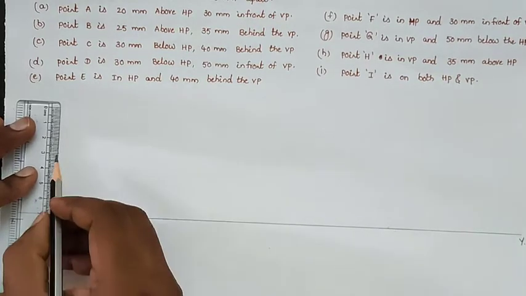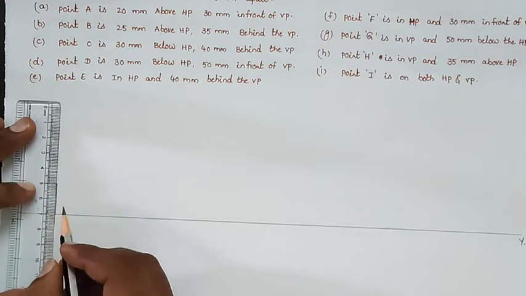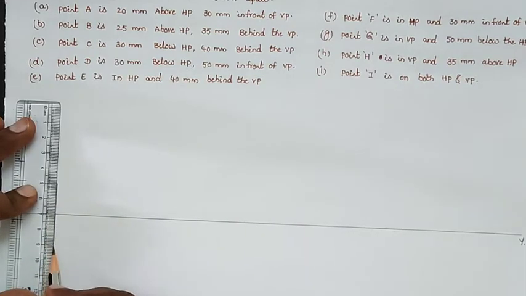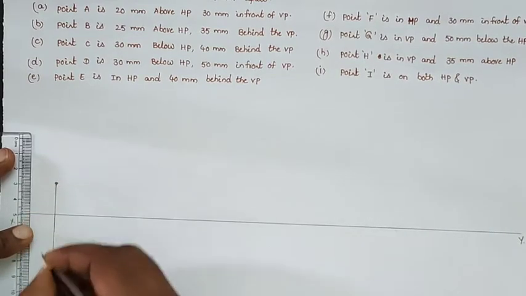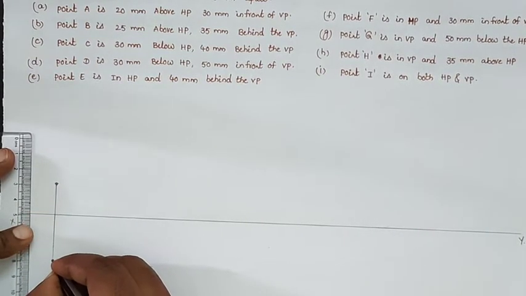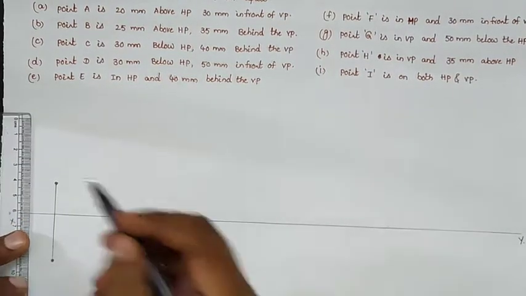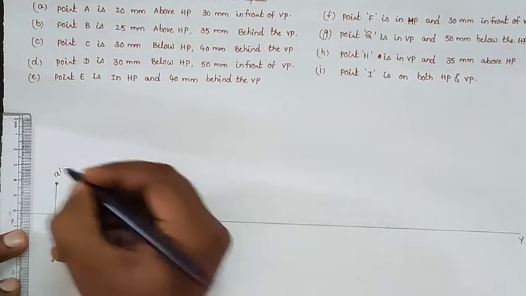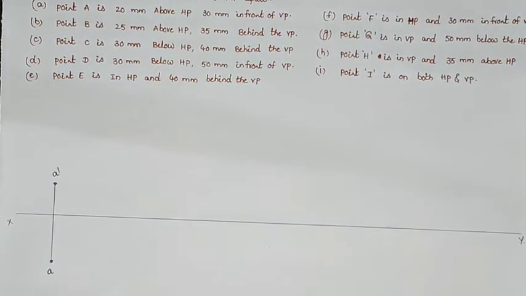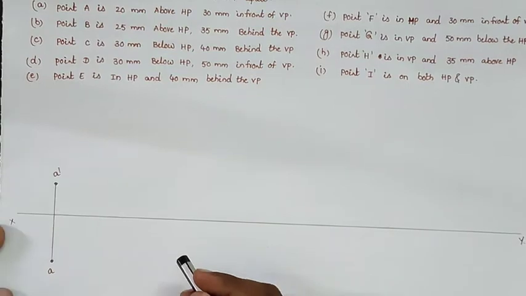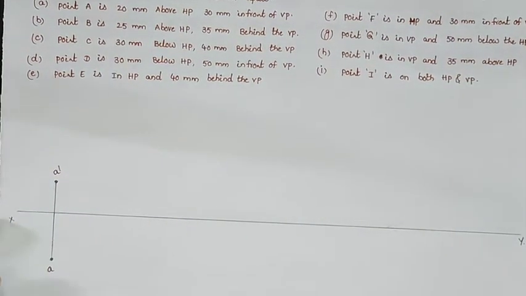Draw the front view, 20 mm above and 30 mm in front. Like that we will draw the projections whenever a point is in the first quadrant. So this is the first problem.